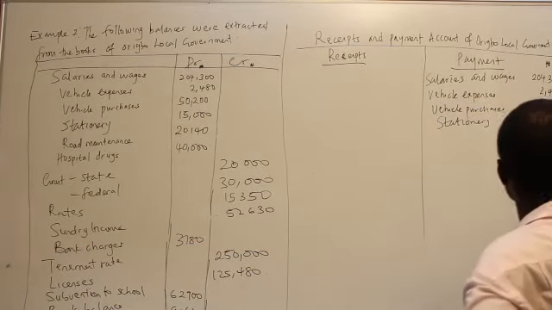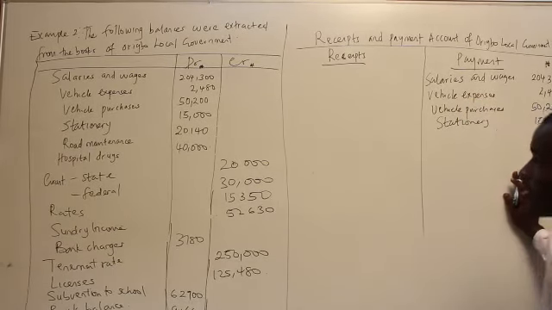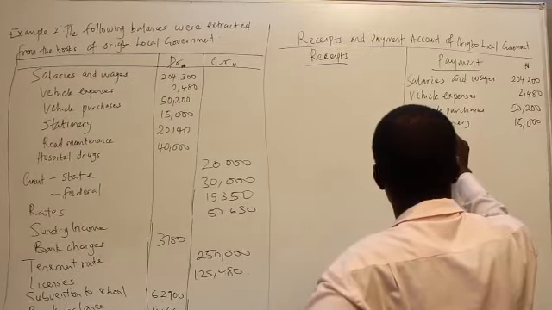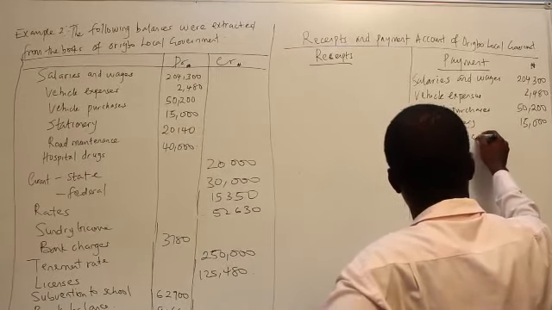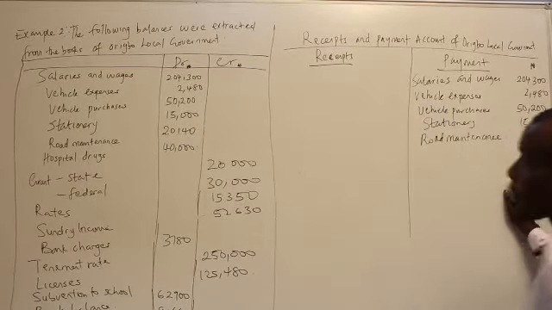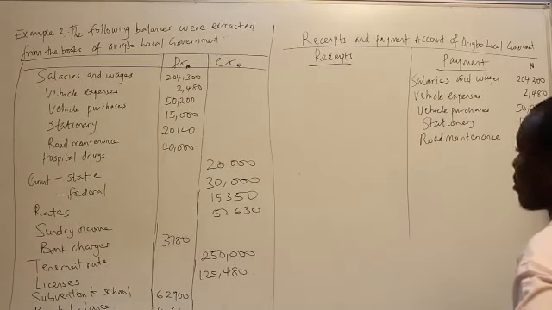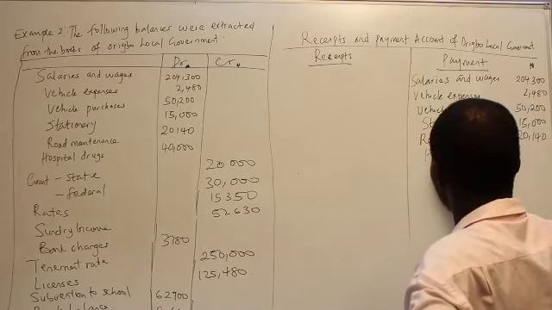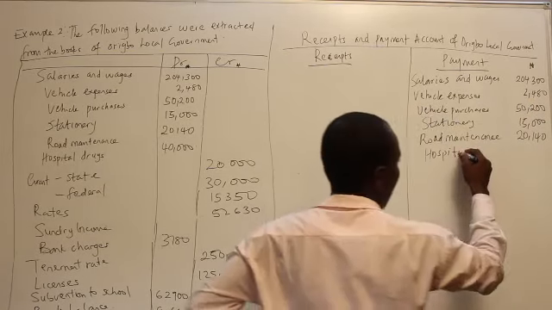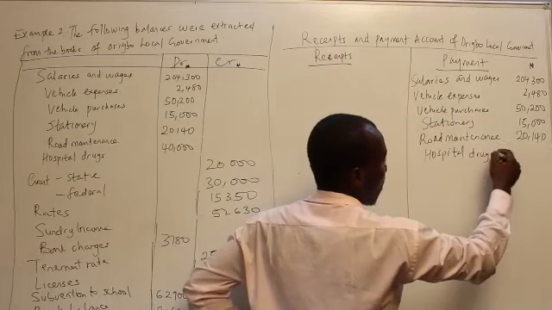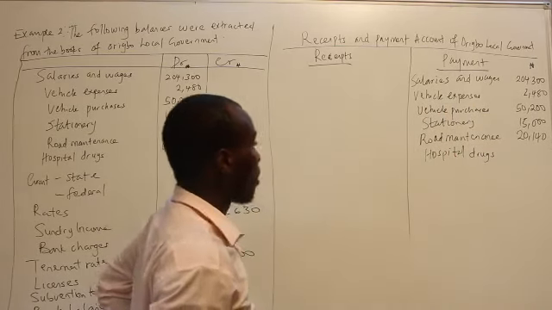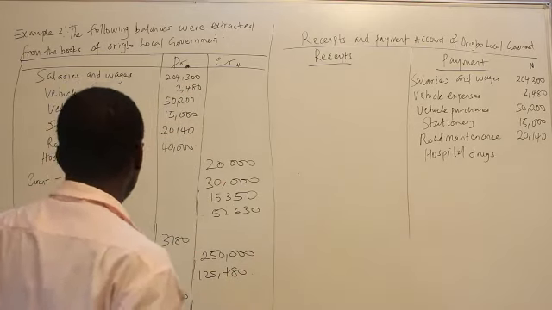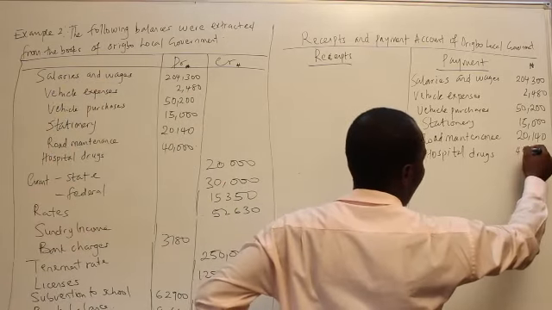So that is 15,000 there. So we have road maintenance, which is 20,140. So we have hospital drugs, 40,000 naira.